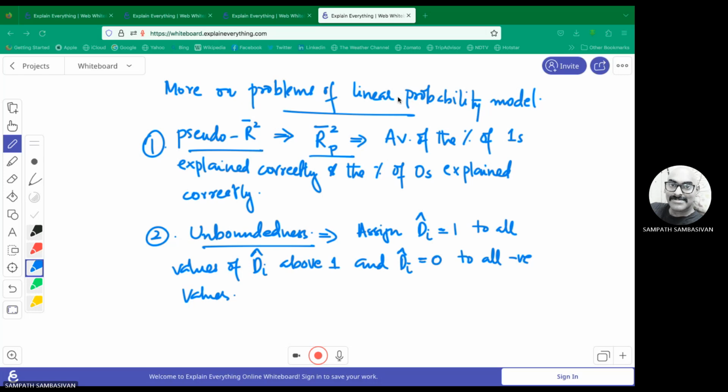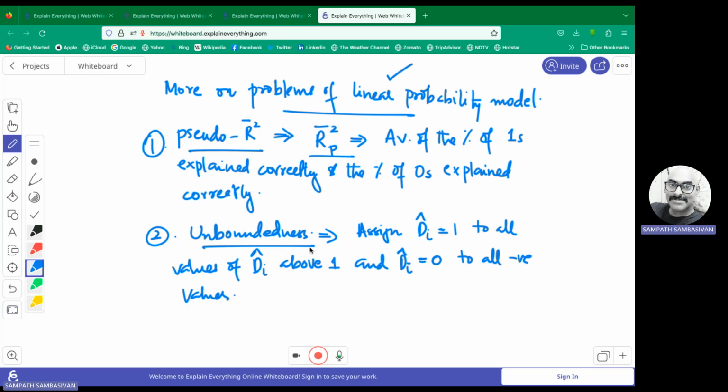In the list of observed Dis that you get, out of, let's say, 100, you look at how many ones there are and how many zeros there are. You take the percentage of ones explained correctly and zeros explained correctly, and take the average of both. That's basically the measure of pseudo R square. It is considered a comparatively better and more reliable measure for linear probability models, as R squared is unreliable.